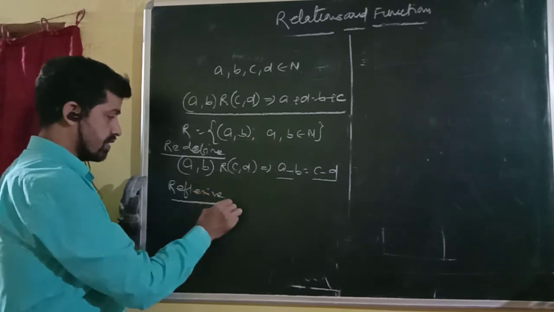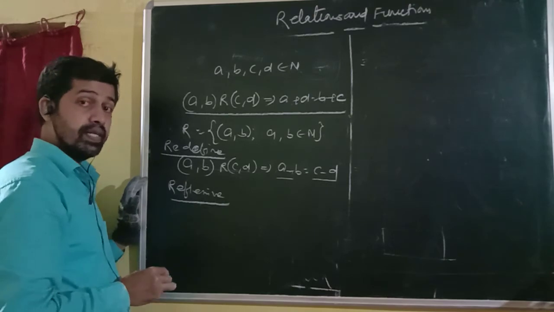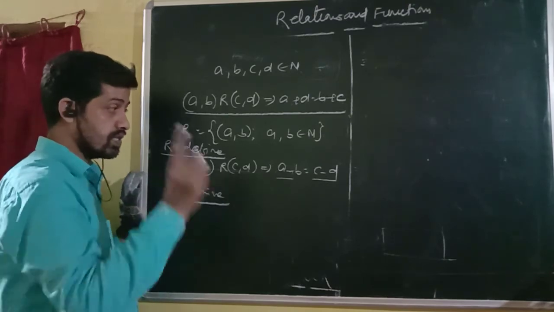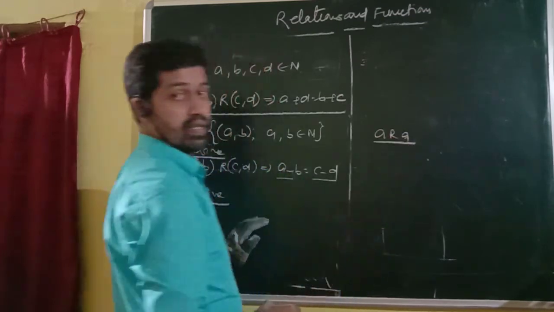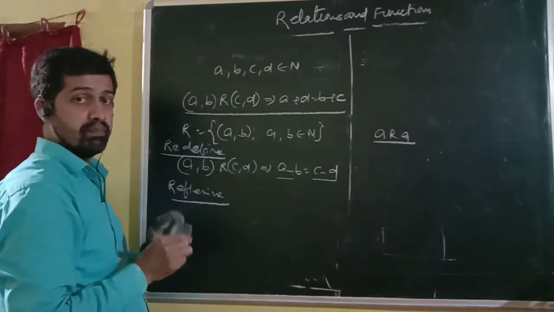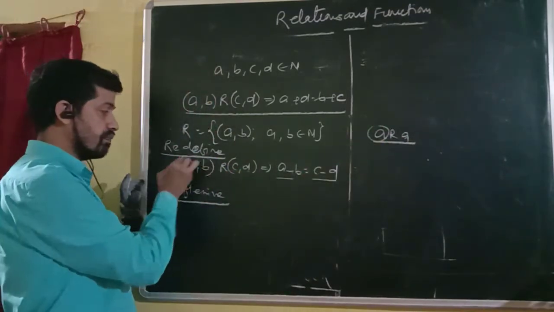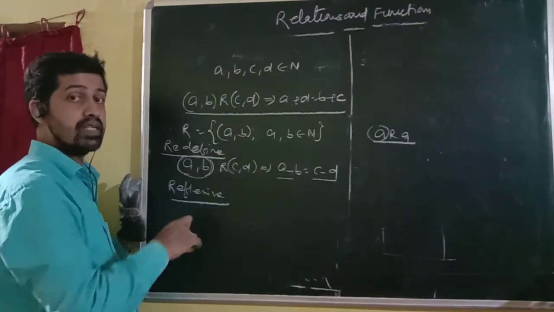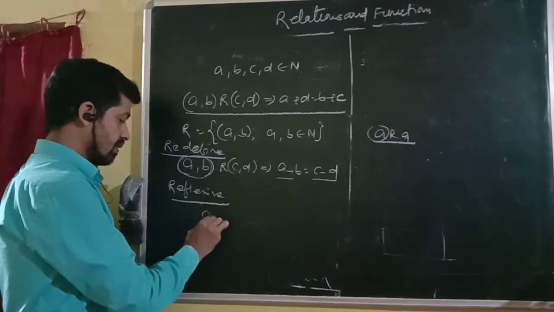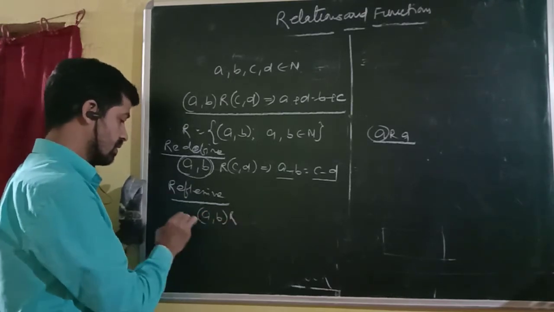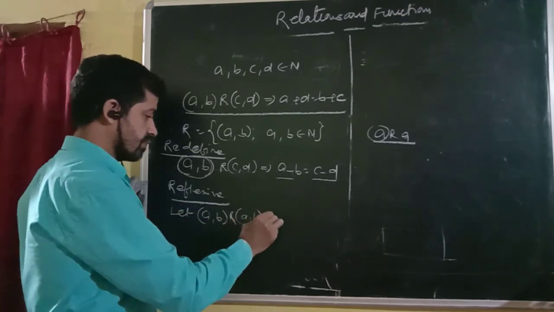Now we start with reflexivity. The condition used to be what? Just recall that A is related to A. That was the condition. But here we do not have a single element, rather we have a pair. So a pair is related to the same pair. That means AB is related to AB.